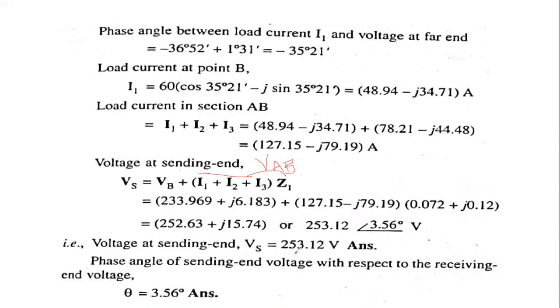Therefore, Vs is equal to 253.12 volts. Then the phase angle of sending end voltage with respect to the receiving end voltage, that is theta, is equal to 3.56 degrees. Therefore, the theta value is 3.56 degrees.